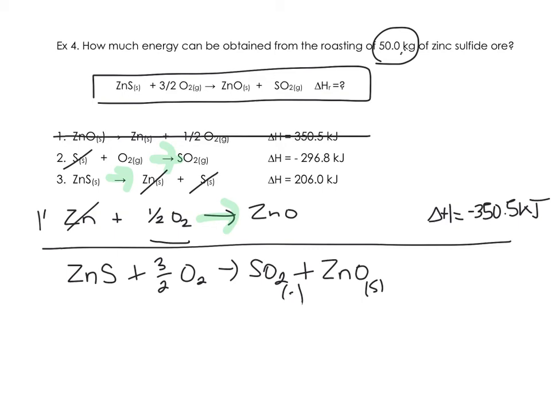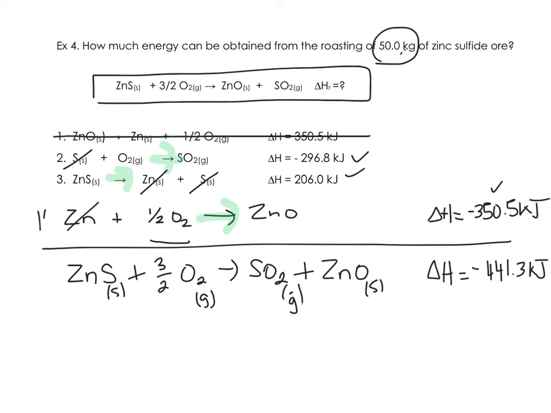Gas, and a solid. So we're going to add up this delta H, and this delta H. So the overall enthalpy change is negative 441.3 kilojoules.